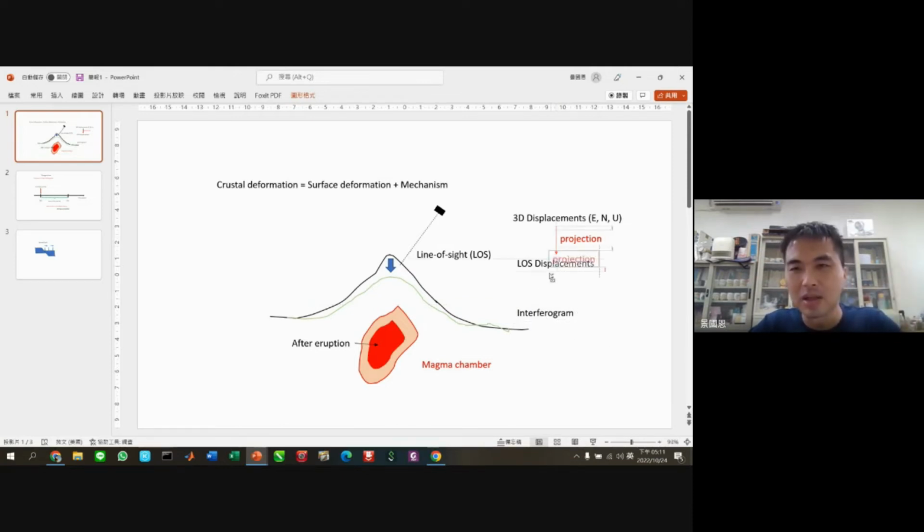Okay, so actually we get the line of sight displacement based on the unwrapping of the interferogram, from the phase. So there is their relationship.